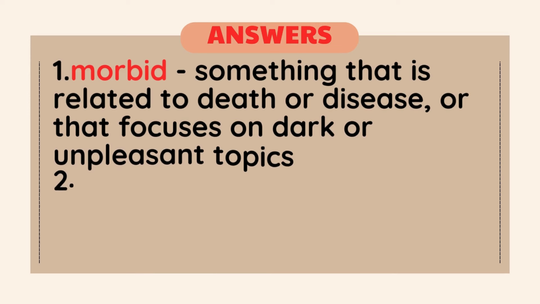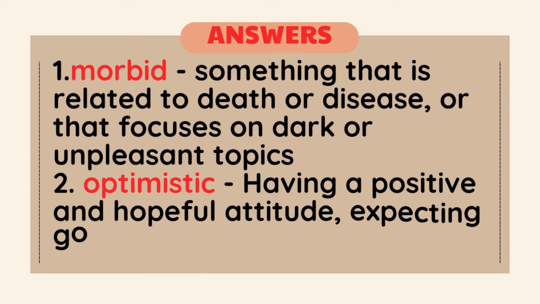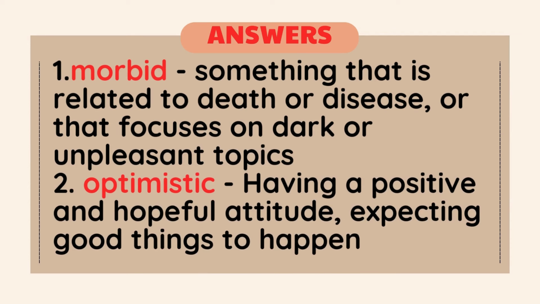Here are the answers. Number 1, morbid means something that is related to death or disease or that focuses on dark or unpleasant topics. Number 2, optimistic, having a positive and hopeful attitude, expecting good things to happen.